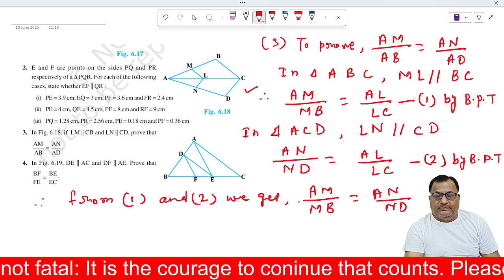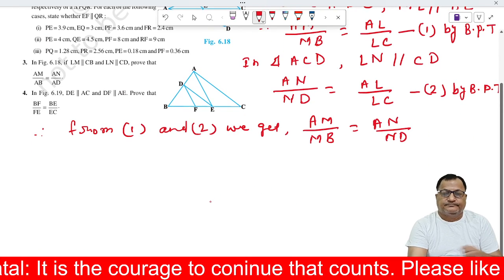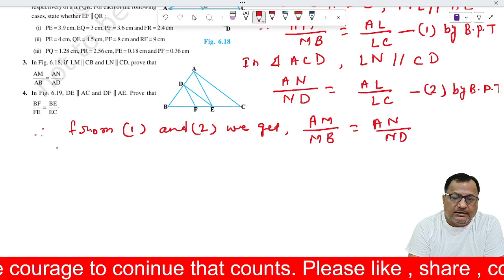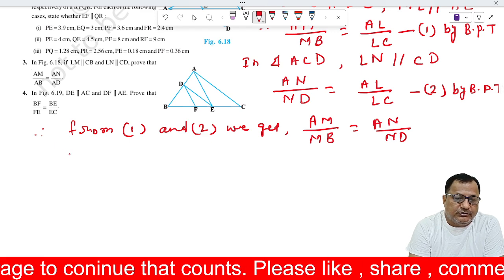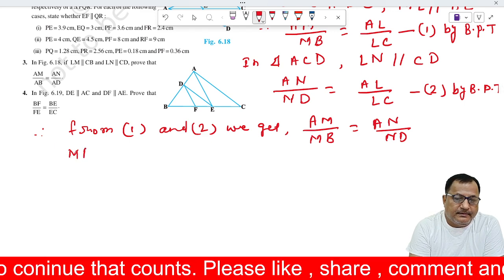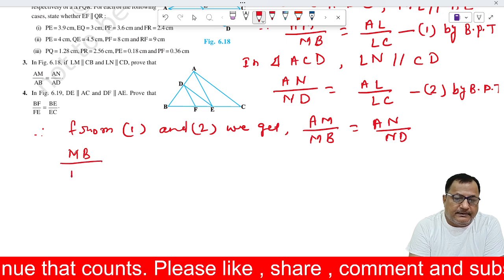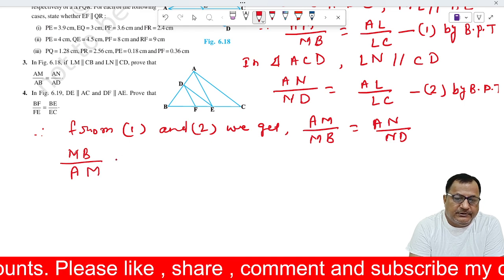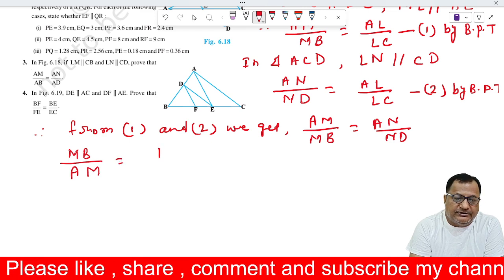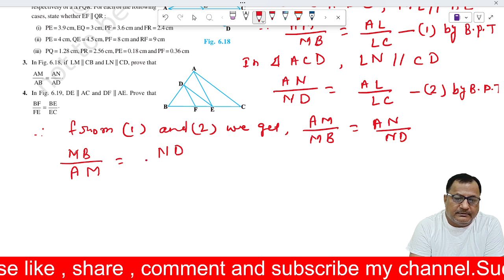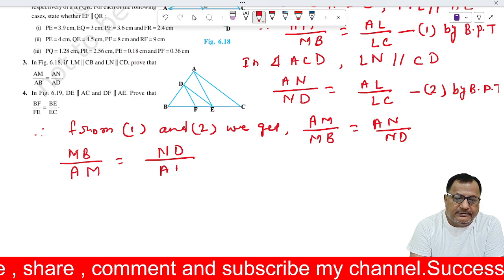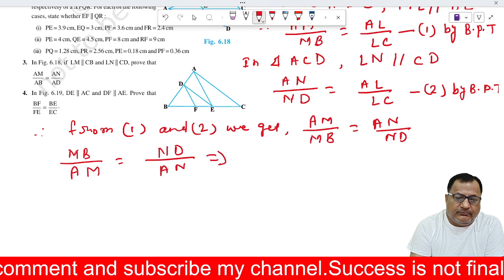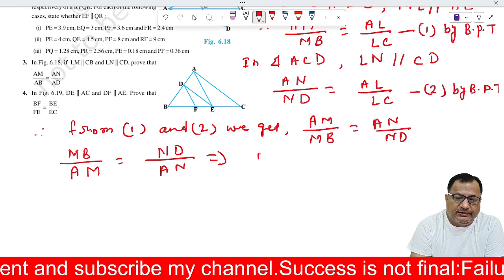Now we'll reverse this ratio. If we reverse, MB by AM, reversing both sides, is equal to ND divided by AN. Now we'll add 1 to both sides.